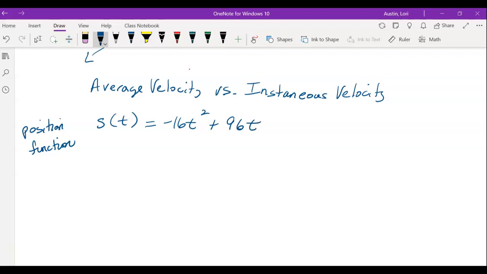So why does our position function for this particular rocket look like this? That negative 16 comes from gravity. The position with projectile motion is always 1/2 of g. So gravity in feet, I believe this problem is in feet per second, is 32 feet per second squared, the gravity on Earth.